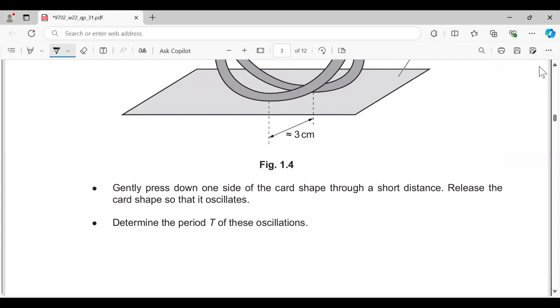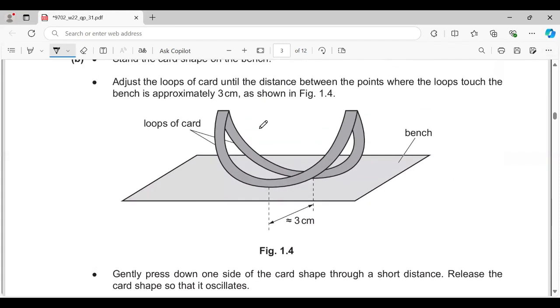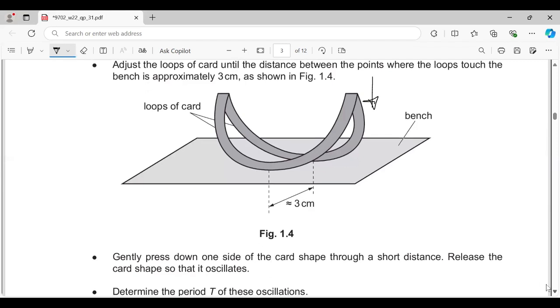So press down this one, for example, this side, through a short distance, then release the card shape so that it oscillates.